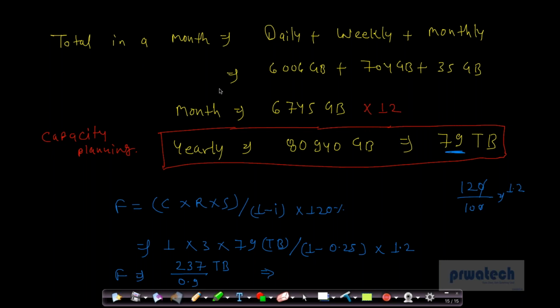Sorry, Ansika, I didn't get which one is the wrong calculation. Okay, one second. 1 minus 0.25 is 0.75, and 0.75 into 1.2, this is okay.